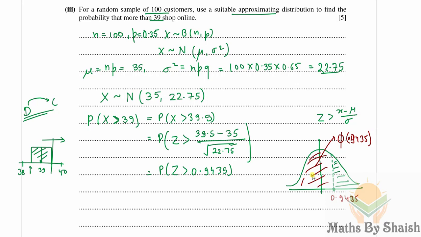This area is phi of 0.9435, and we require this, so we are going to calculate 1 minus phi of 0.9435.